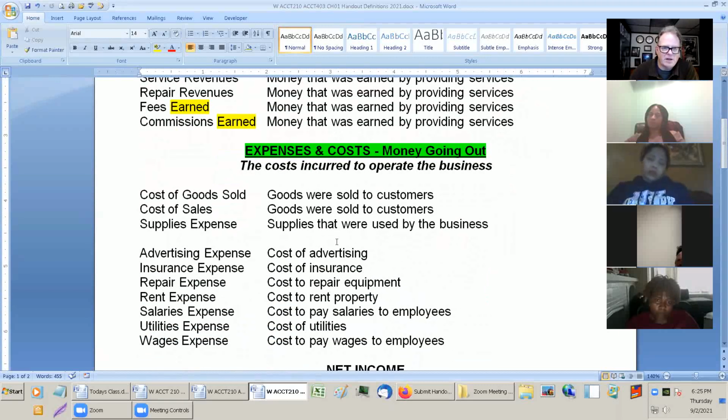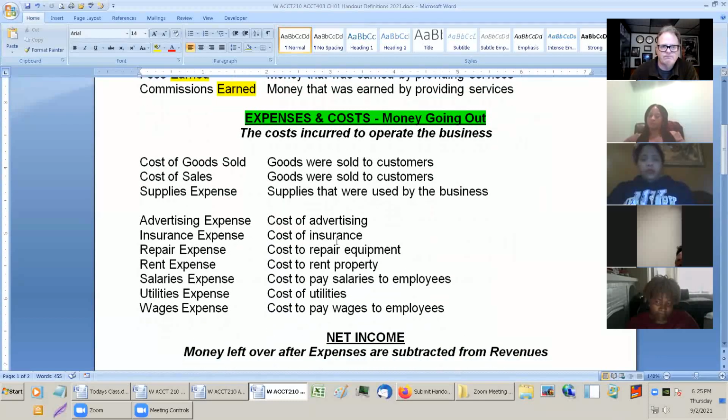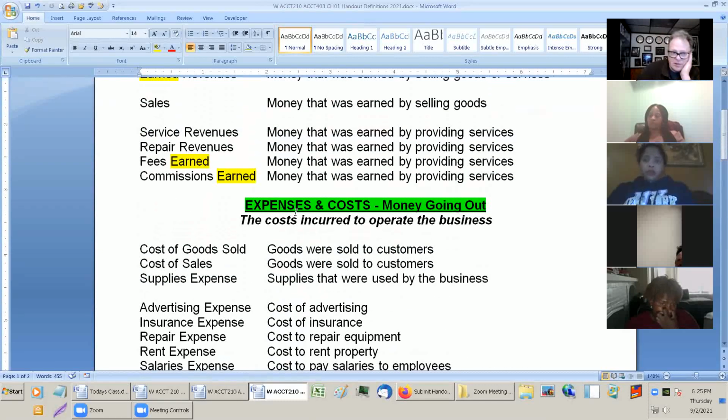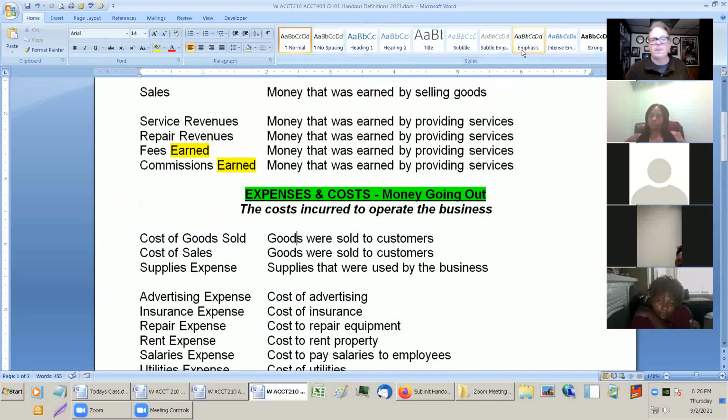Expenses and costs are money going out. I probably should put this stuff last, but we'll go over it first here. It could be that you sold them goods. So if you sold somebody something, this is the goods leaving the place. Let me show you. So for instance, let's say that I'm selling toys.